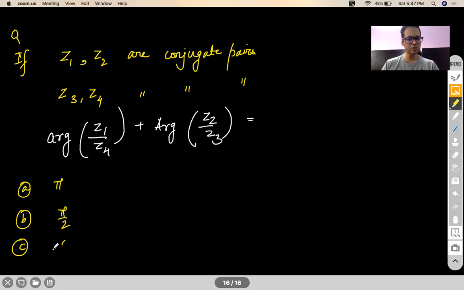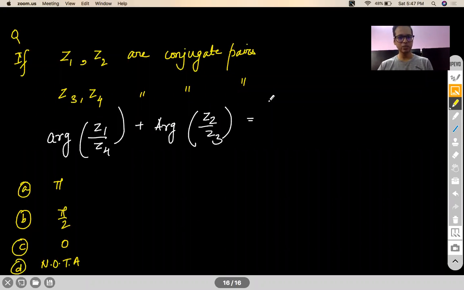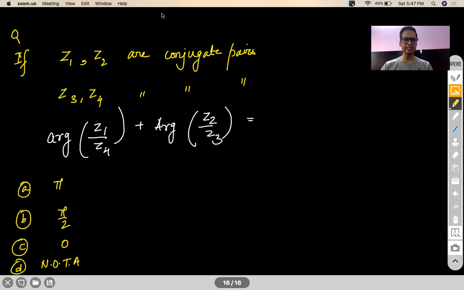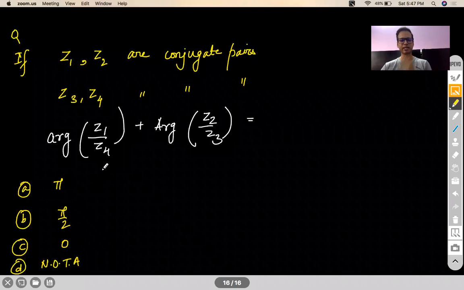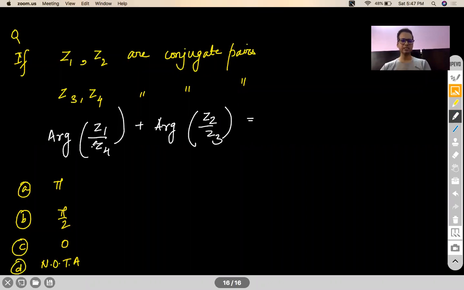Option C, 0. Option D, none of the above. Z1, Z2 are conjugate pairs. Z3, Z4 are conjugate pairs. We have to find the argument Z1 by Z4 plus argument Z2 by Z3.